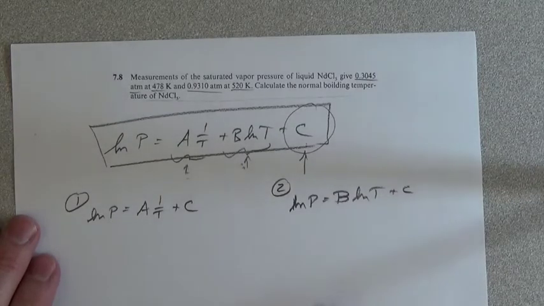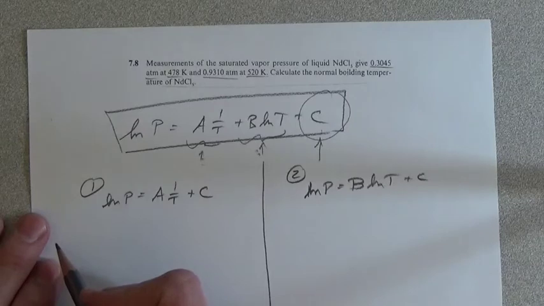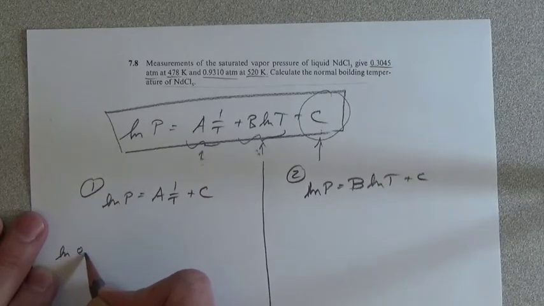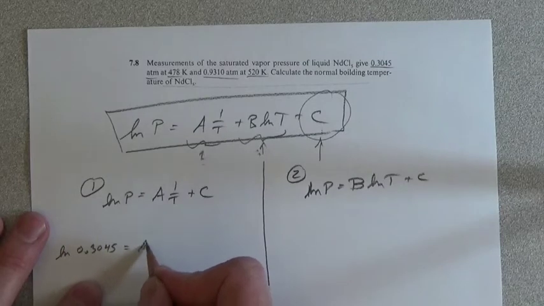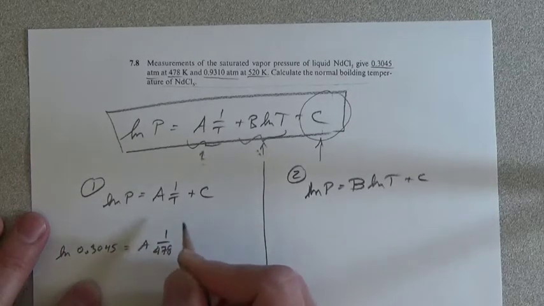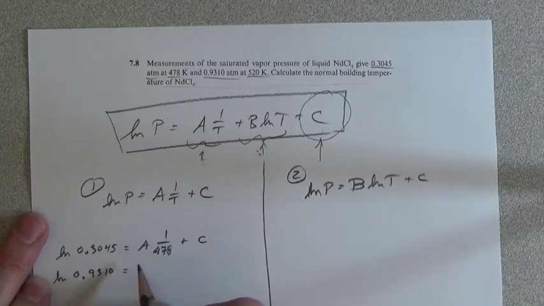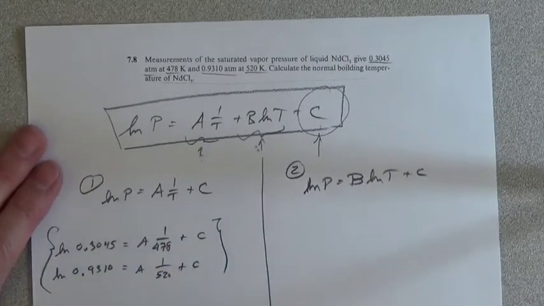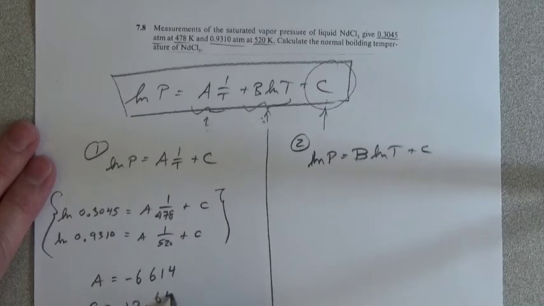So, doing this first problem, say natural log of 0.3045 is equal to A over 478 plus C, and natural log 0.9310 is equal to A over 520 plus C, and that gives you A is equal to minus 6614, C is equal to 12.648.